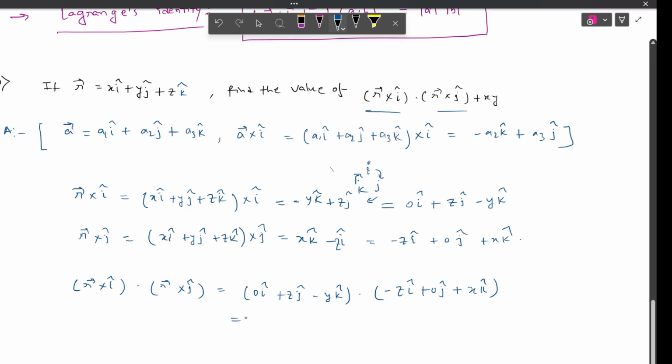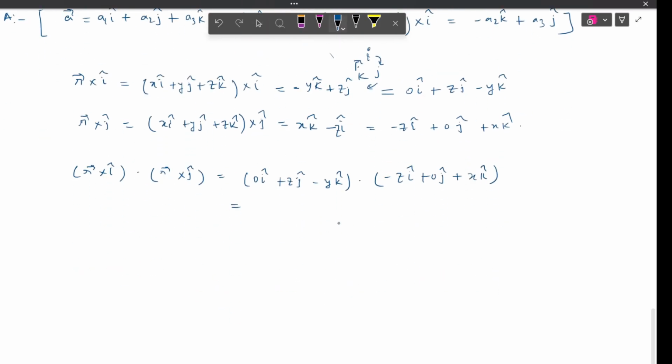Now if you see, I dot I is 1, j dot j is 1, k dot k is 1, I dot k is 0, right? Dissimilar product is 0, similar product is 1. So I dot I will be 0 because here the component is 0.